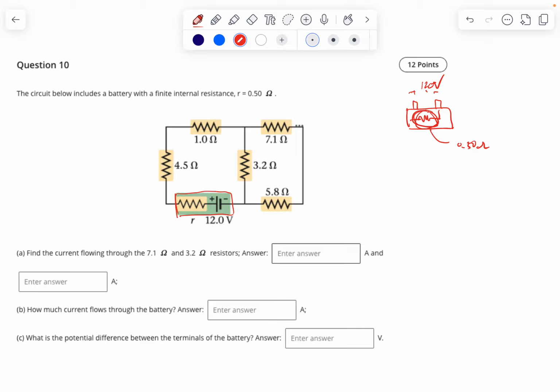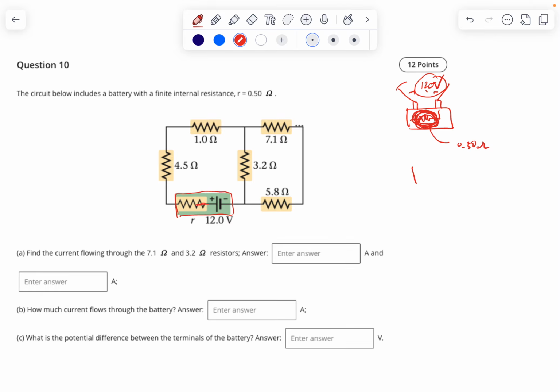When you connect this whole thing into a circuit, you have a voltage drop here. So the voltage on these ends is not 12 volts. It will be 12 volts minus a drop, because you have internal resistance. The drop is based on the current flowing through.